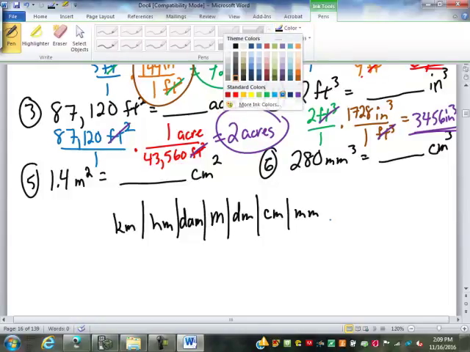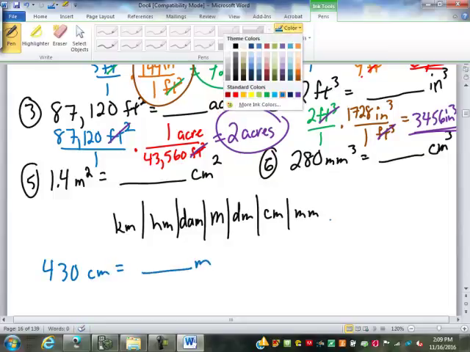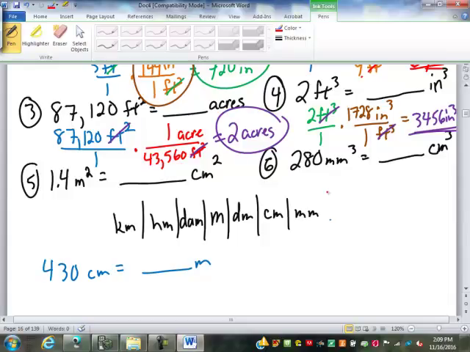And if you recall, when we converted, if I had 430 centimeters going into meters, all we did was look at the chart and follow the decimal point. To get from centimeters to meters on our chart, we have to move 2 spots to the left.